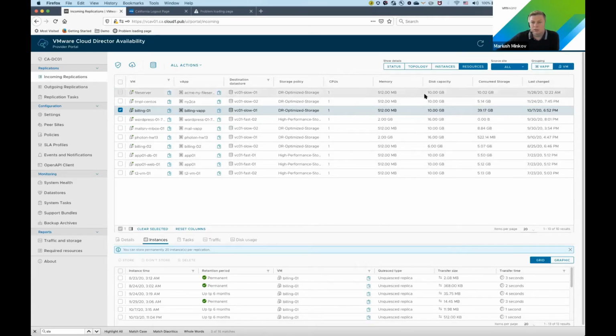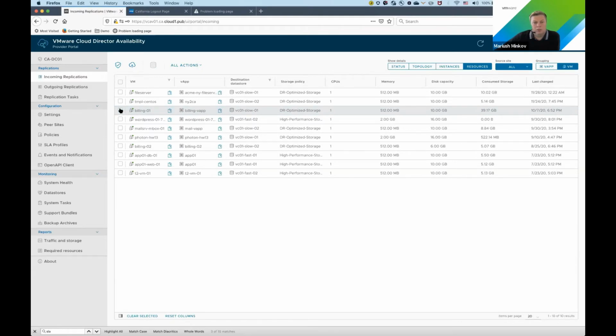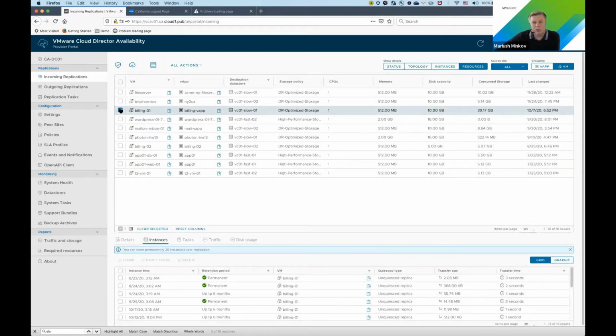So if we want to protect a VM with a huge hard disk but only a tiny bit of it used, during the initial configuration we will check that there is enough capacity at the destination to accommodate the entire disk and provision it successfully.